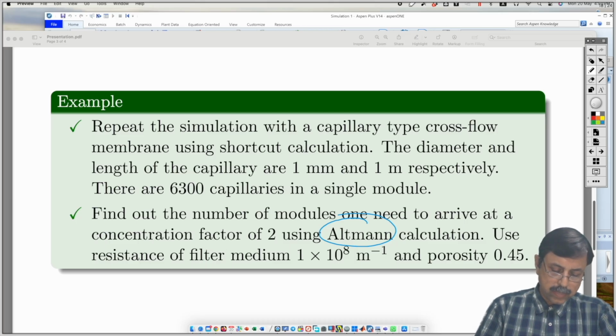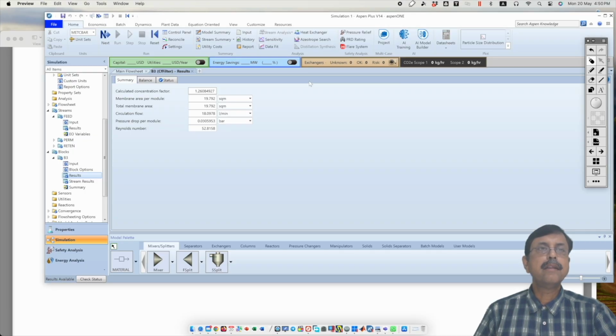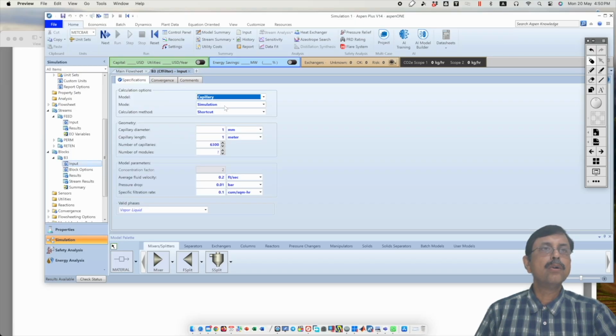For that, we have to provide the resistance of filter medium and the porosity. So these two information we have to feed in, and obviously the concentration factor of 2 that we require. So these two things we have to provide in a design problem. So let us go back, choose design and choose Altman.